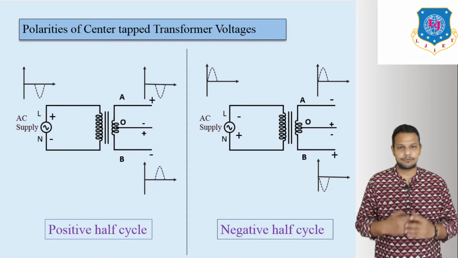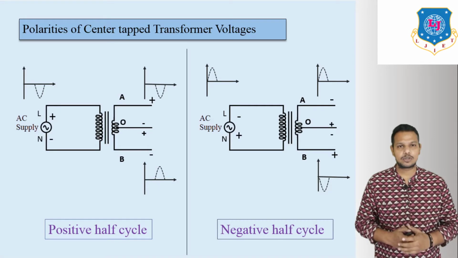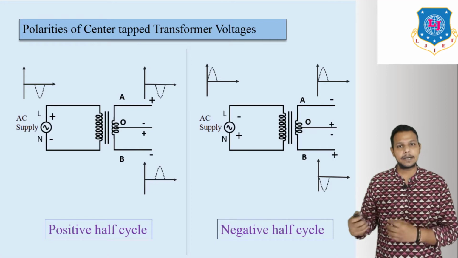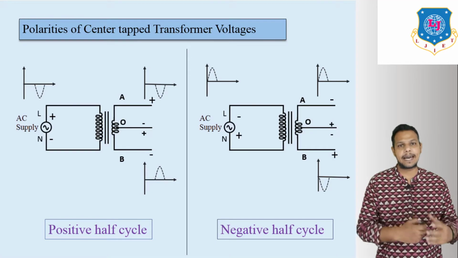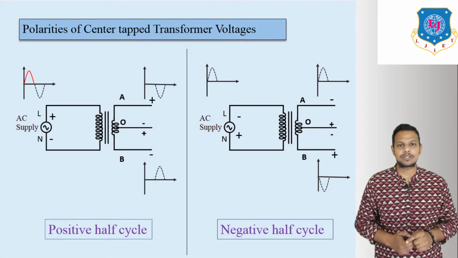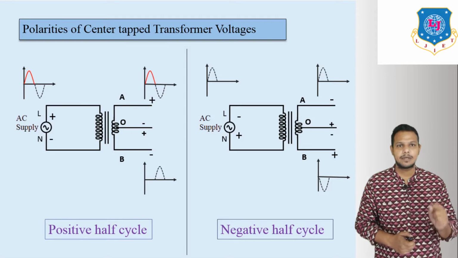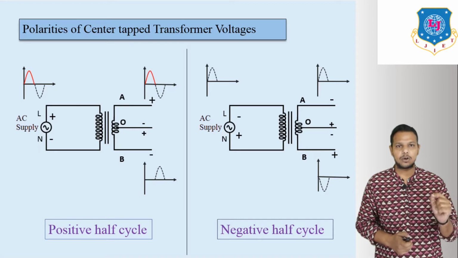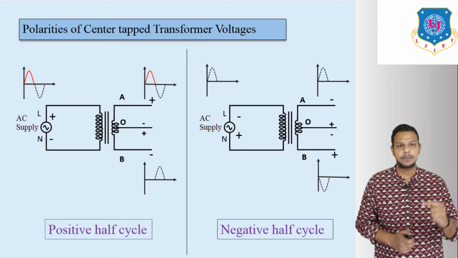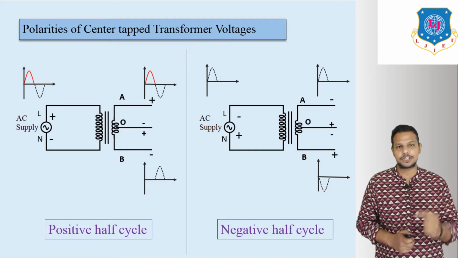So let us discuss the positive half cycle first. Whenever we enter a positive half cycle on the input side, what will we get from the output side? If we enter this positive half cycle, we will get the same polarities at VAO, the positive half cycle. But for VBO the polarities are a little bit changed.